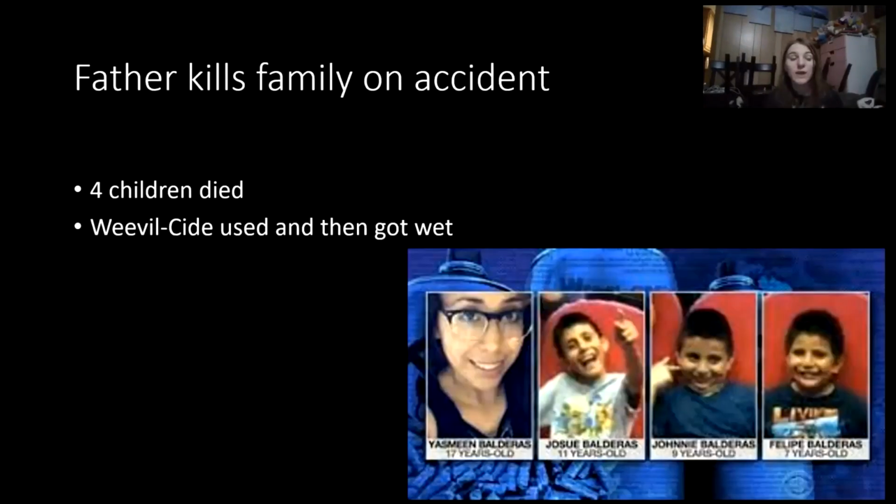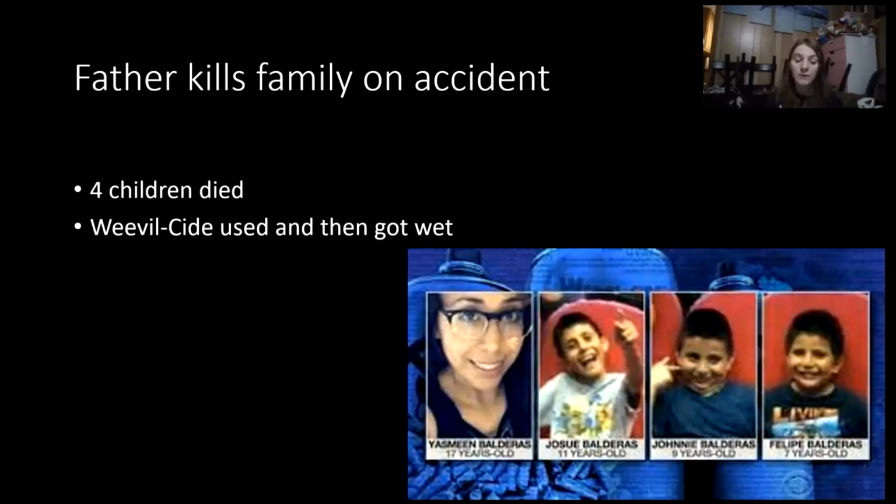So an example of phosphine gone wrong is in 2017 in Amarillo, Texas. A father had acquired weevil-side from an unknown source who had believed that this man had a true license to do pest control. However, he had acquired this license from the black market, so he did not take any courses necessary to obtain this license, and so he didn't know exactly what he was doing.